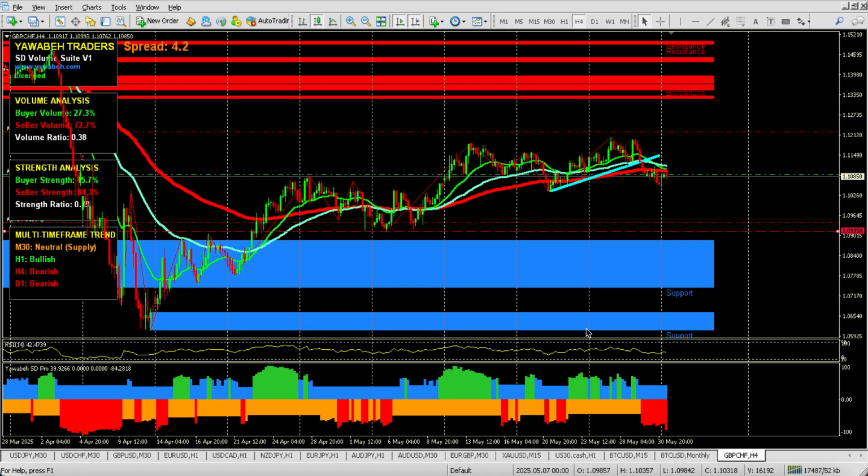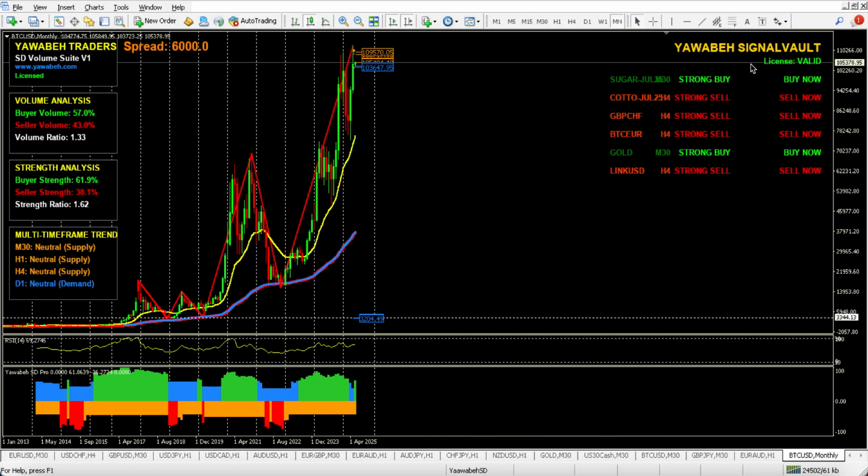We followed the signal generated by the Yawabeh SignalVault market scanner, where it suggested that the GBPCHF pair has a potential trade opportunity in the short direction, and it mentioned the time frame as well.